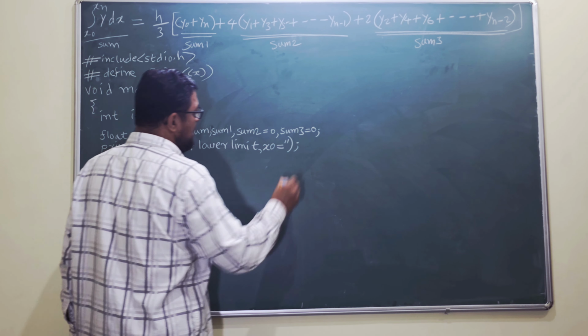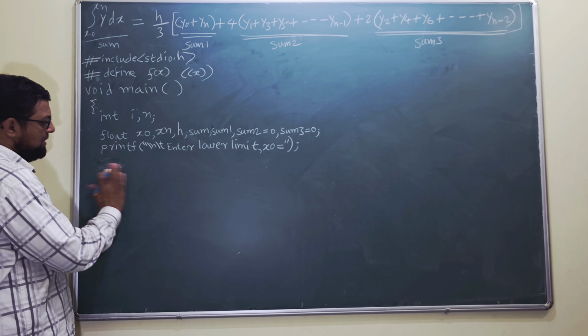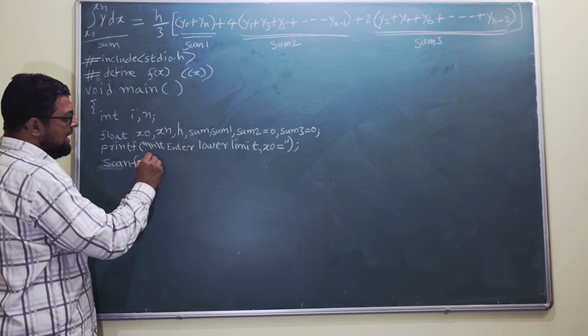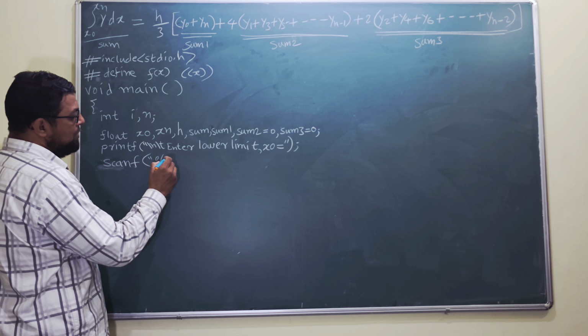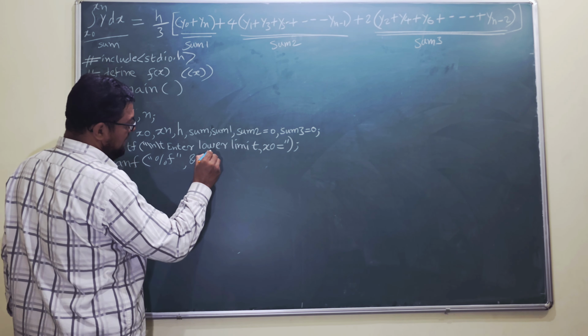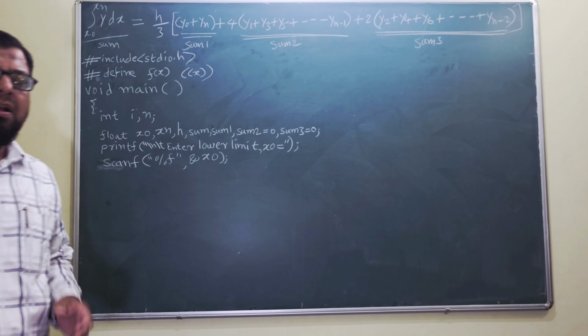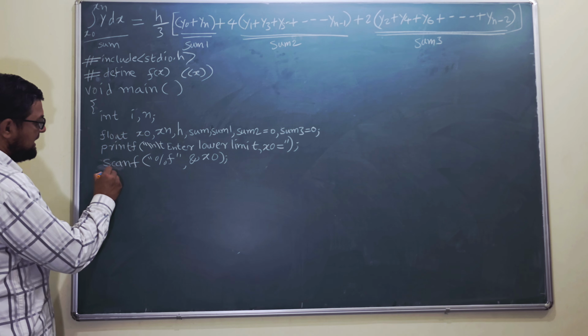Now here we have to use scanf statement. So this is small s only, okay. So we have percentage f since it's a float, and we have x0. Similarly, we have to take the upper limit again through the printf and scanf statement.